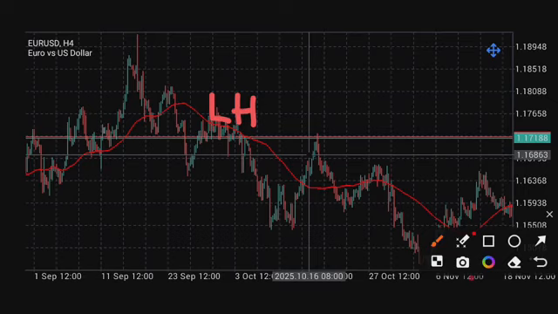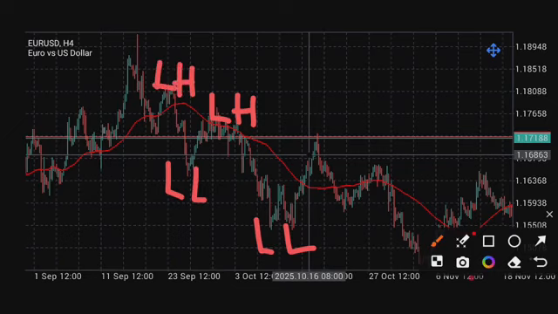Then this is a lower low. Then this point is also another lower low. This is a lower high.